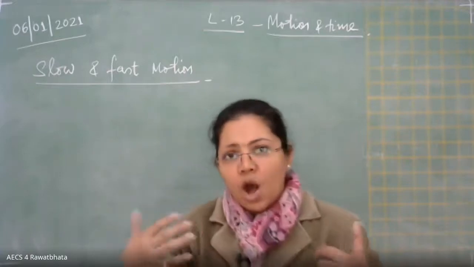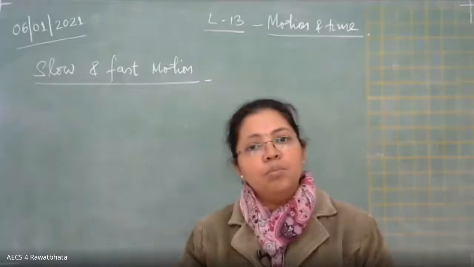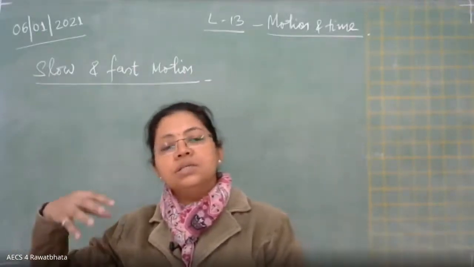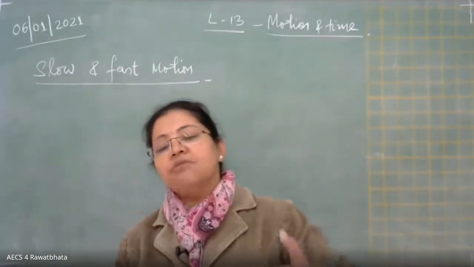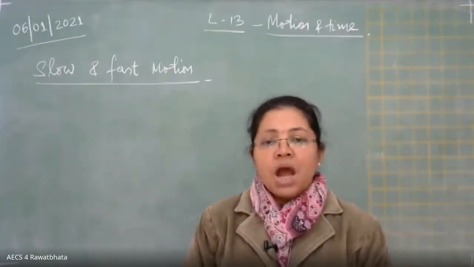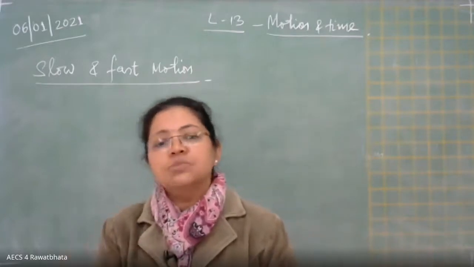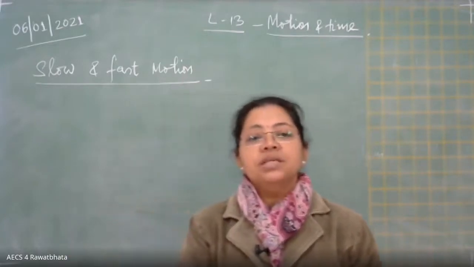So how do we decide which vehicle is moving at a faster pace and which vehicle or body is moving at a slower pace? How do we guess which vehicle is moving faster and which one is moving slower?